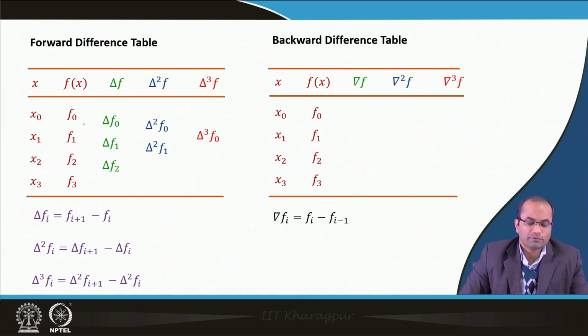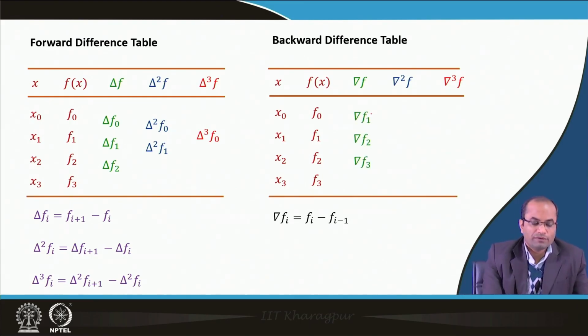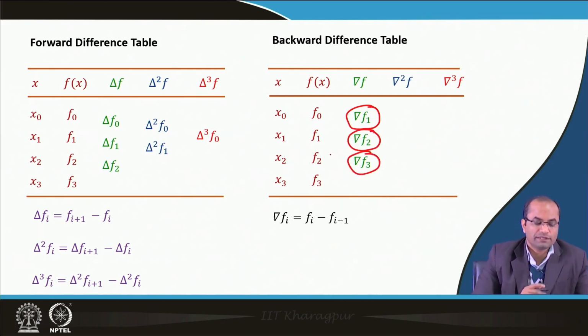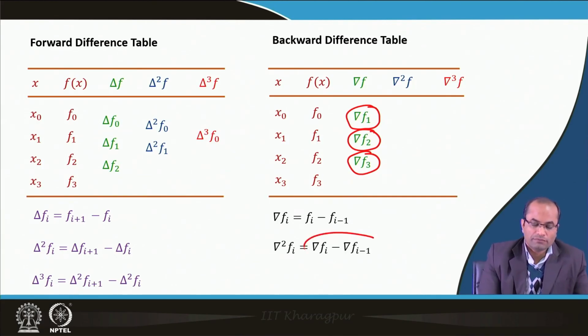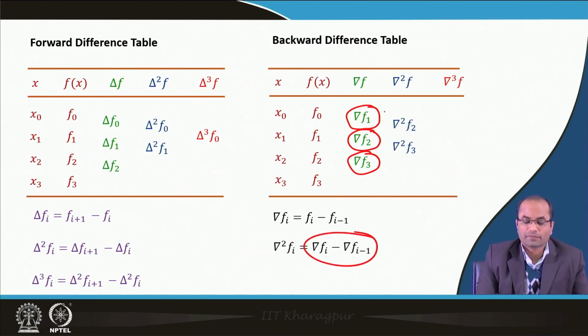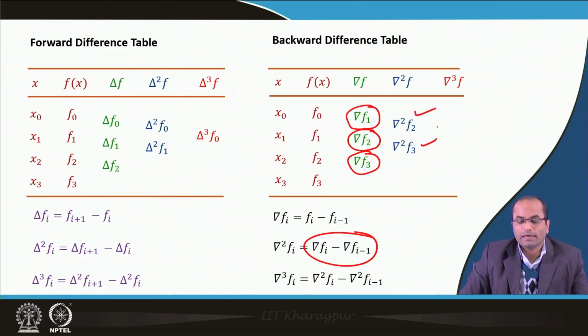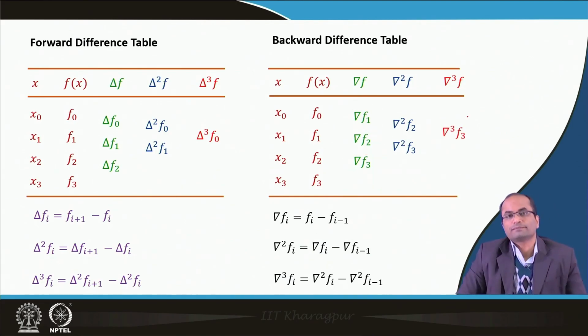So, constructing the table will be the same, but now, instead of delta f 0, in the backward notation we will say it is backward delta f 1, this is backward delta f 2, backward delta f 3. That is the only difference we have, and again we go further with these differences, and we will get the second order backward delta 2 f 2, delta 2 f 3, and then again we go with the difference. So, we will get the third order.